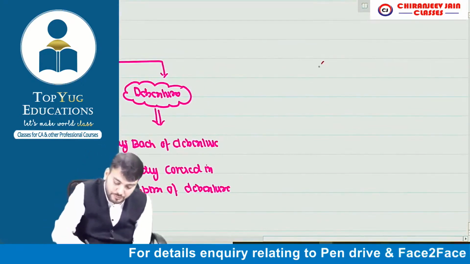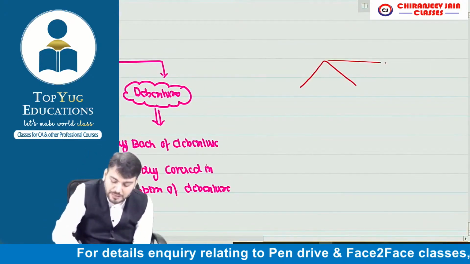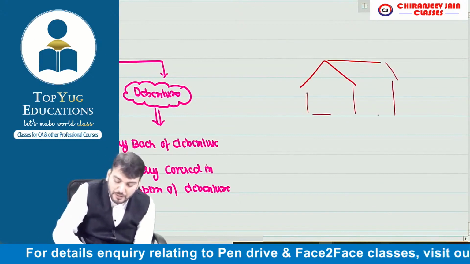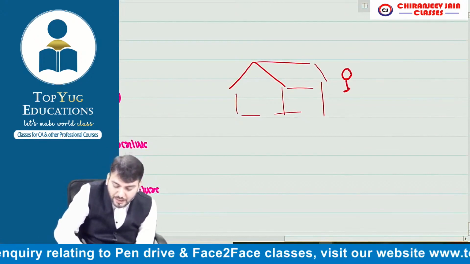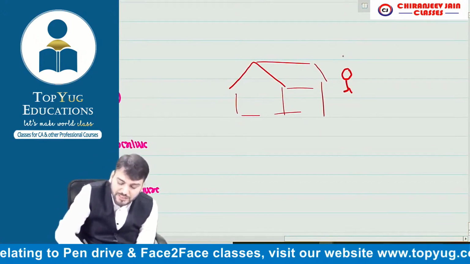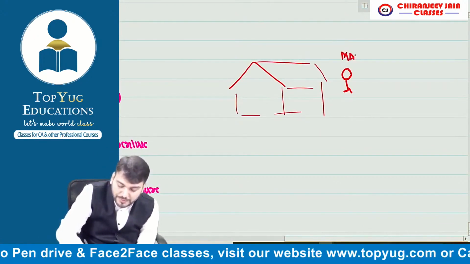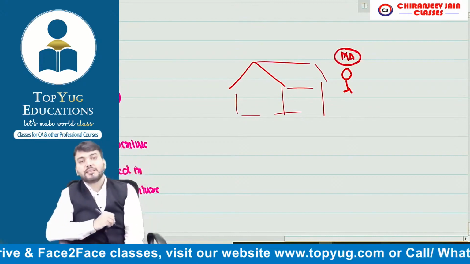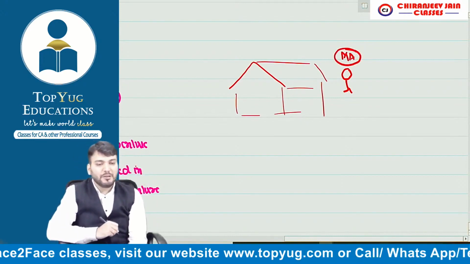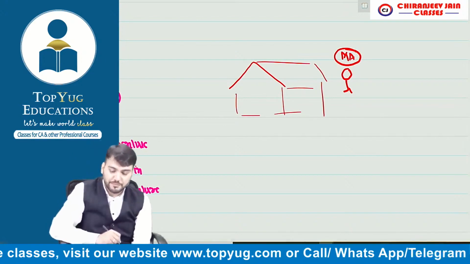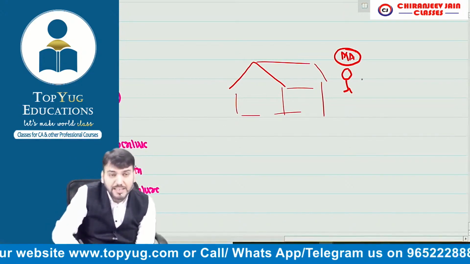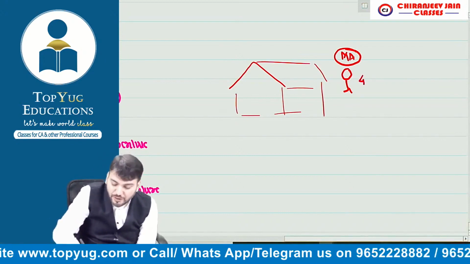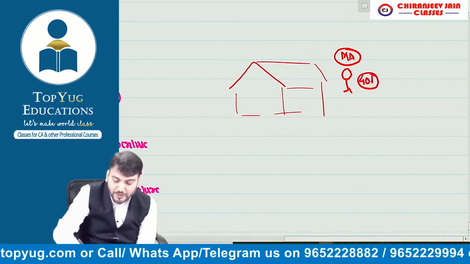Suppose this is one company, and I have started this company. Suppose this is Mukesh Ambani. Now, Mukesh Ambani initially started, and suppose he was holding 40% shares.